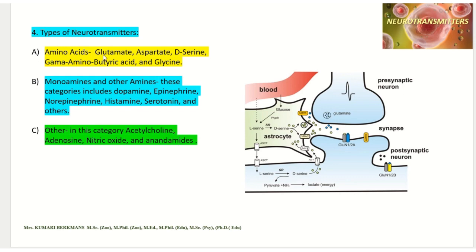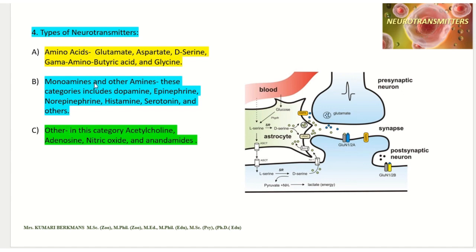So the first category is amino acids, the second one is monoamines as well as other amines, and the third category is acetylcholine, adenosine, nitric oxide as well as anandamides. Okay, so if the question comes, what comes under amino acids, if they give glutamate, aspartate, D-serine, gamma aminobutyric acid as well as glycine, you can mention that one.